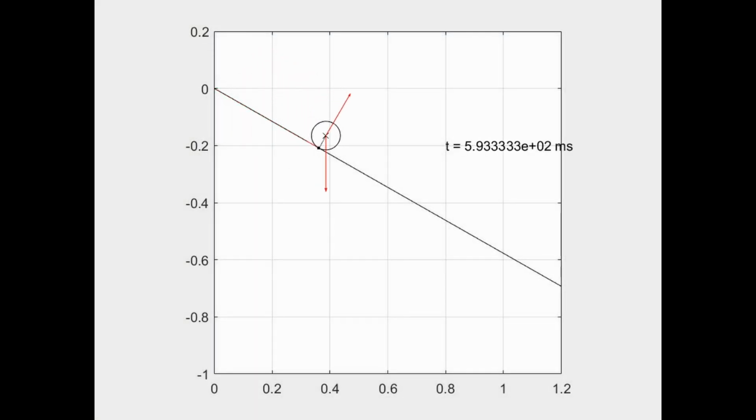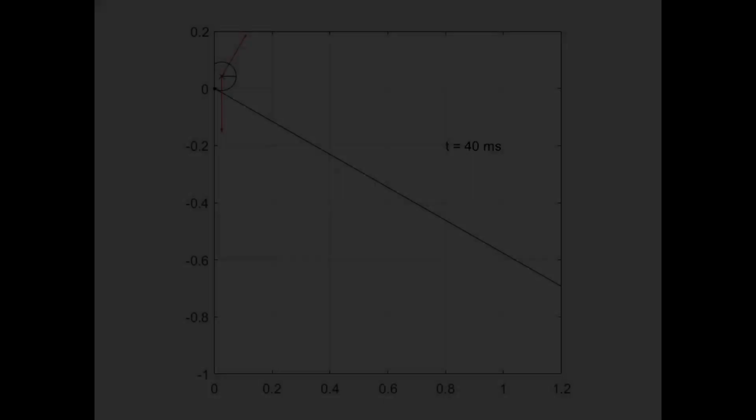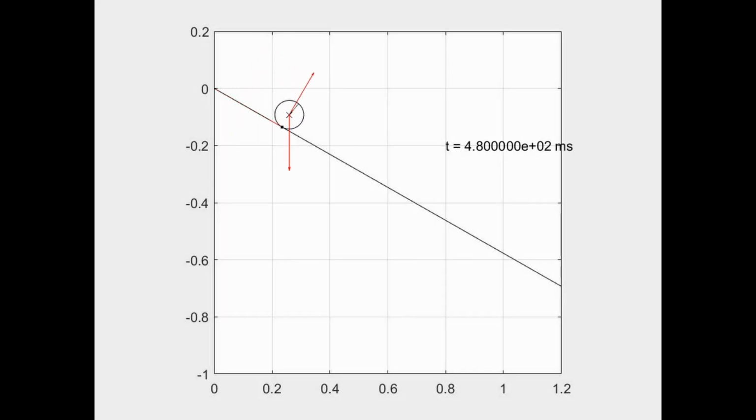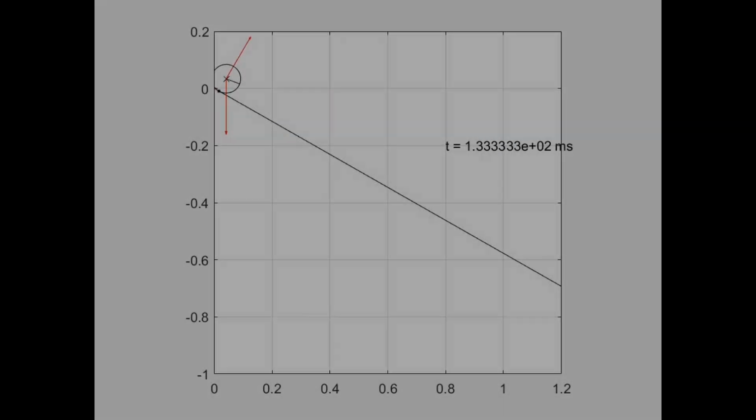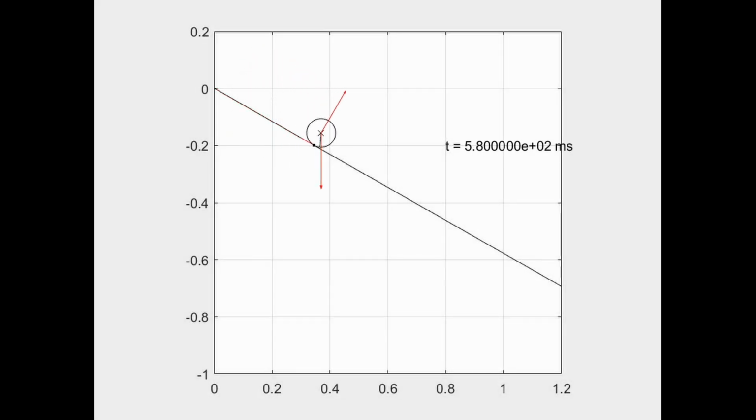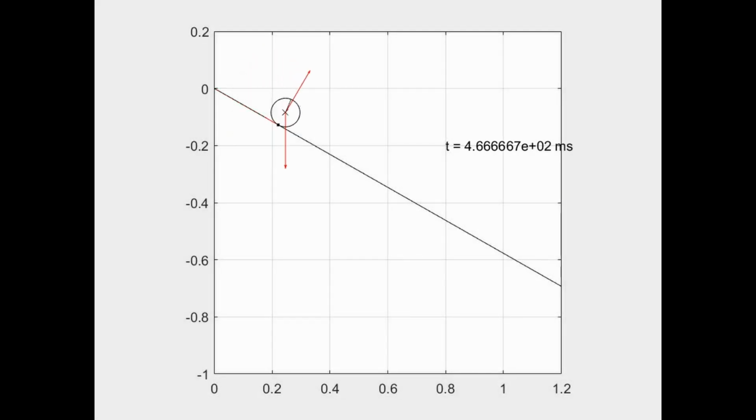So here is the simulation of the rolling motion. You could see that the object starts at rest, it doesn't move, and then after a certain time, it starts to gain acceleration as it rolls down faster and faster. You could see that there is the weight vector, the normal vector, as well as the friction vector, which is very small. And all of this sums up to form this rolling motion, which also includes the torque.